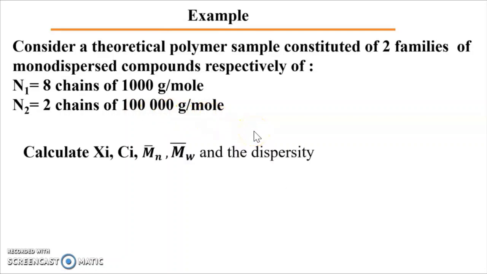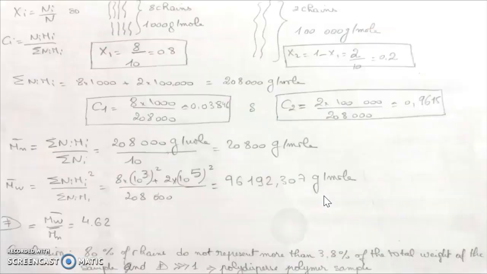I need you to calculate the fraction in number and in weight for each family, the average molecular weights in number and in weight, and also the dispersity of the system. I will give the solution after, but I propose that you stop the video here to make the calculation and then verify the solution in the slide.